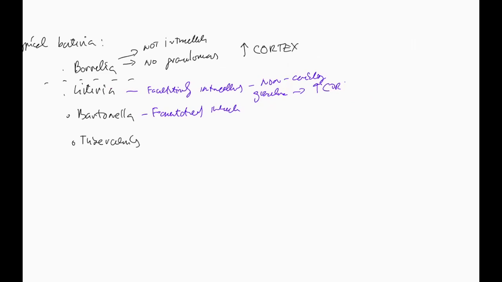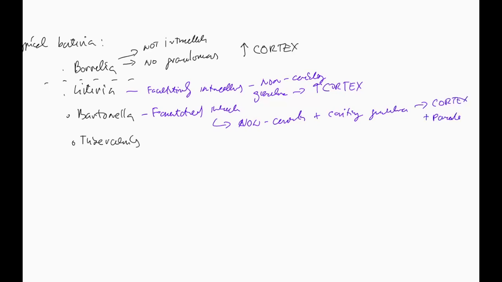Then you have Bartonella, which causes, in some cases, non-caseating granulomas, but mainly caseating ones, where necrosis happens, and it expands the cortex but also the paracortex.